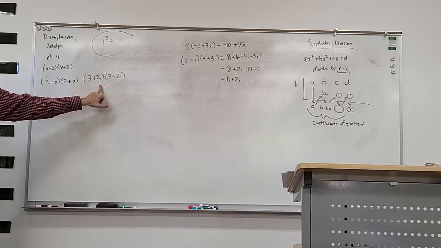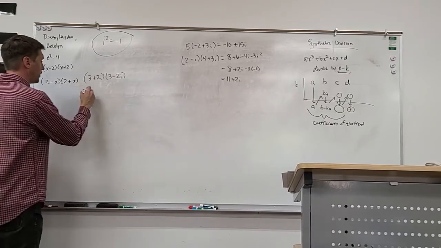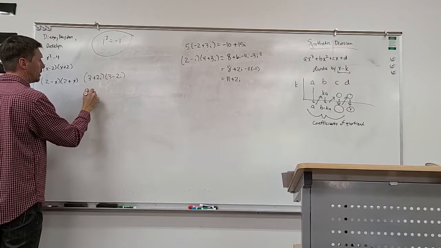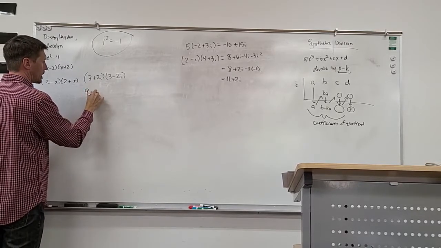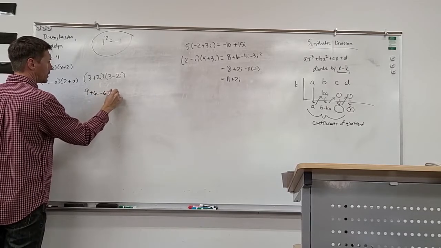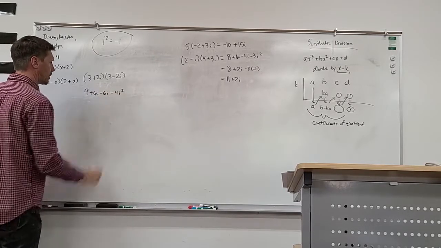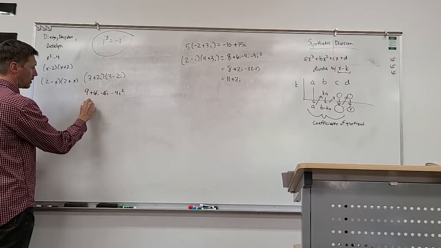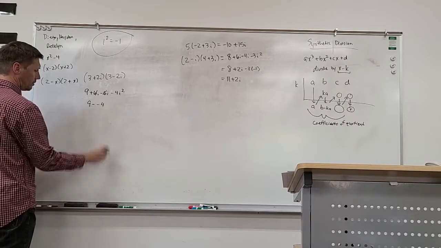Do you see that? And so sure enough, if we did it the long way, the FOIL method, we got 9 plus 6i in the middle, minus 6i, minus 4i squared. And so these terms go away, and our i squared turns into negative 1.